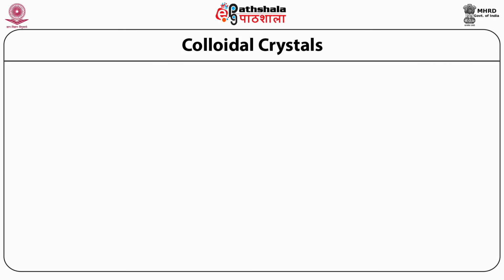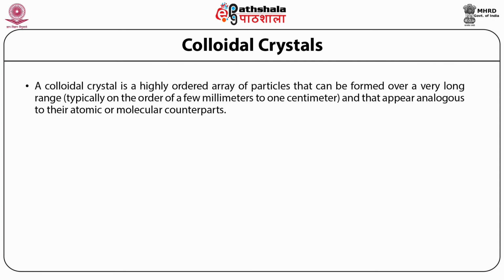Colloidal crystals. A colloidal crystal is a highly ordered array of particles that can be formed over a very long range, typically on the order of a few millimeters to centimeters, and that appear analogous to their atomic or molecular counterparts.